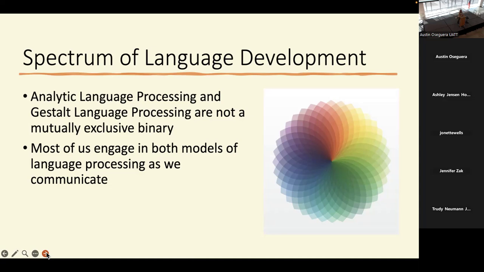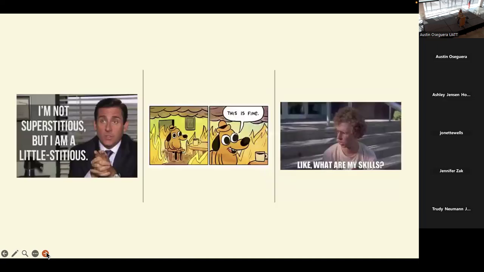But most of us engage in both models of language. And kiddos who start out as Gestalt language processors often get to the point where they're operating in both worlds too. The example that I give is that we all, or most of us, talk in gestalts. We have these scripts or chunks that mean something different than if you were to just break down the chunks.